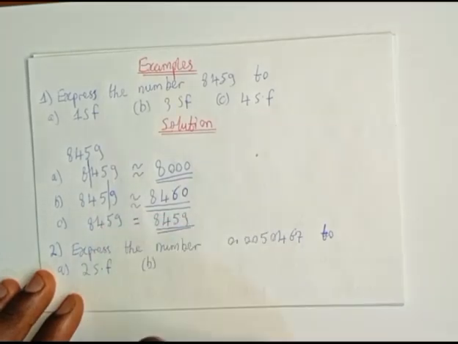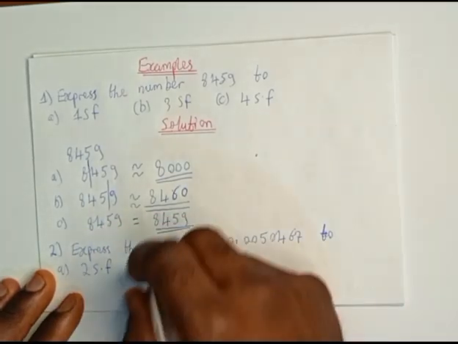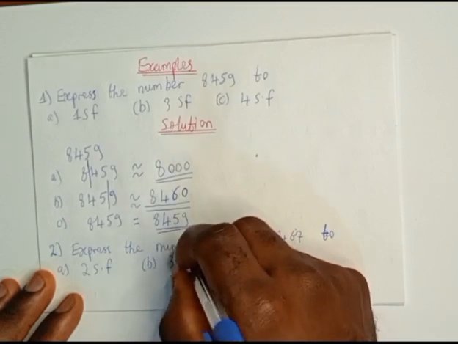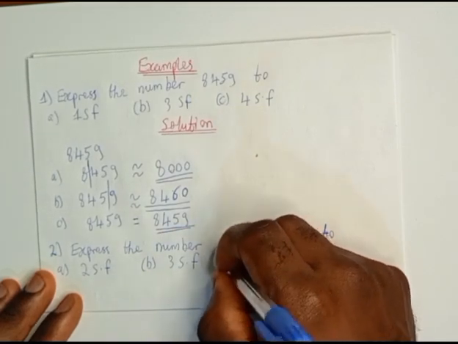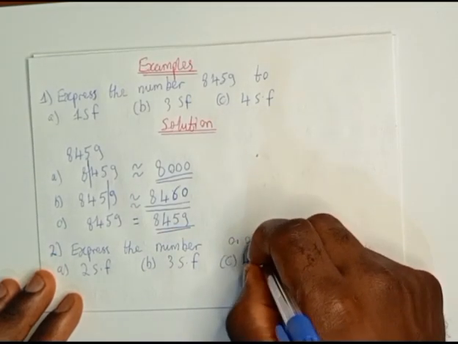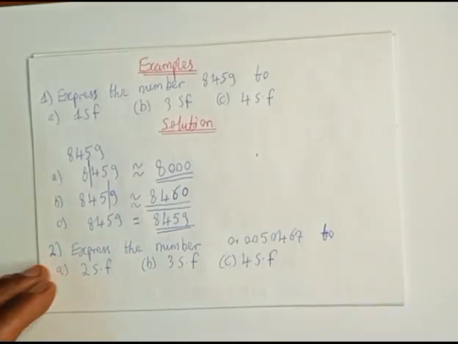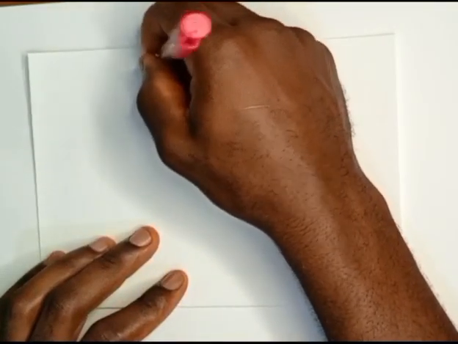B, we have three significant figures. And lastly for C, we have 4 significant figures. Take down solution.